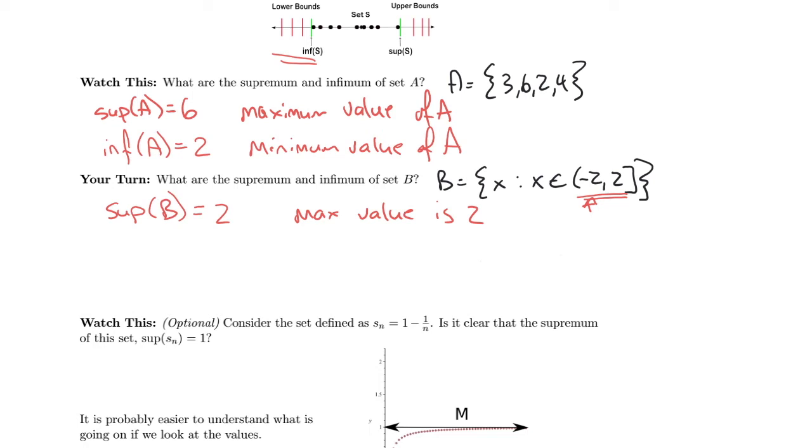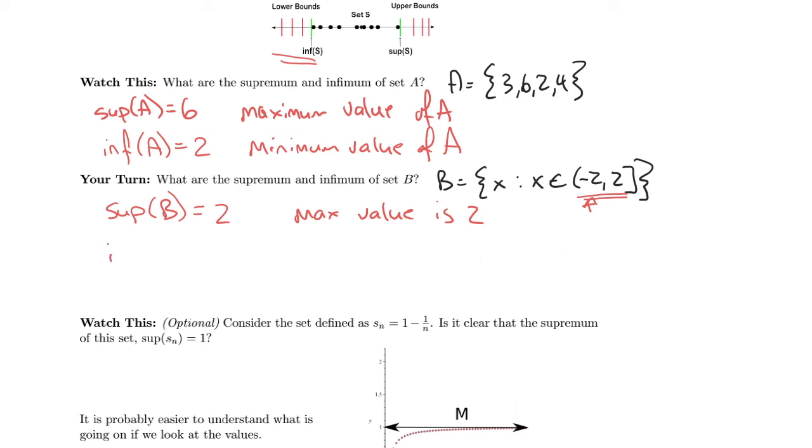So if you think, well, I'm going to choose a value in the set, maybe -1.9, well, I can find a number in between -1.9 and -2 that's even smaller than that. And every time I do that, I can always find another number in there. So that makes -2 a lower bound to the set. Every number in the set is going to be larger than -2, but not equal to, because -2 is not part of the set.